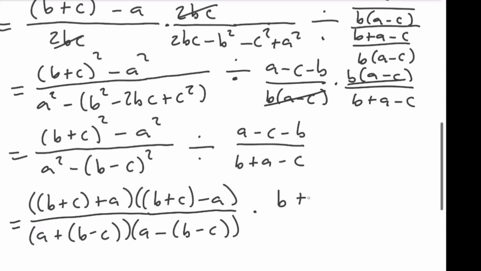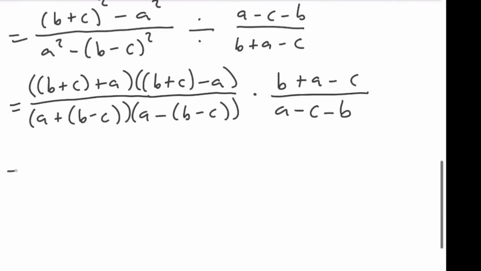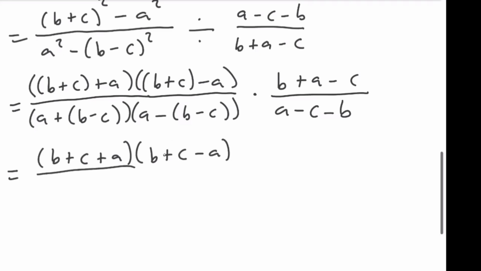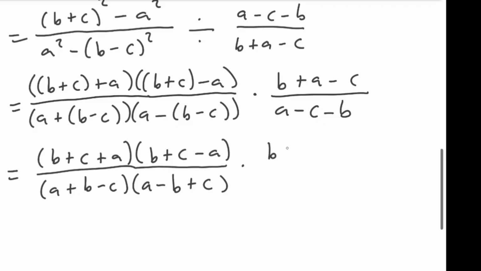So this will be b plus a minus c over a minus c minus b. And now let's go ahead and reduce these. So this will be b plus c plus a, and then b plus c minus a, all over a plus b minus c, and then a minus b plus c, if I distribute that negative. And then times b plus a minus c over a minus c minus b.